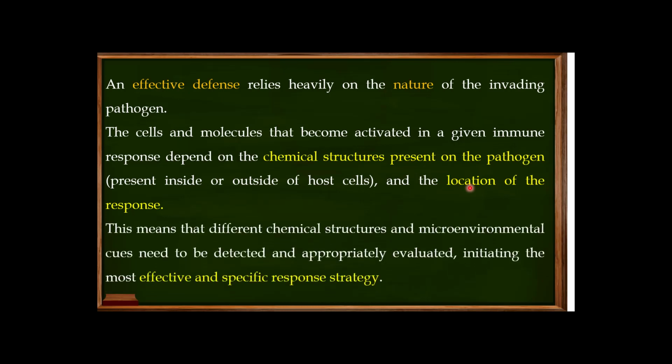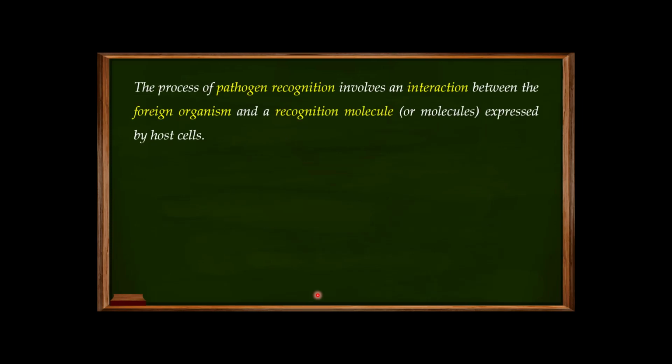Different chemical structures mean different kinds of pathogens and microenvironmental cues that need to be detected for an effective and specific response strategy. Then I told you that pathogen recognition involves an interaction between the pathogen and the recognition molecules that are expressed by the host cells.